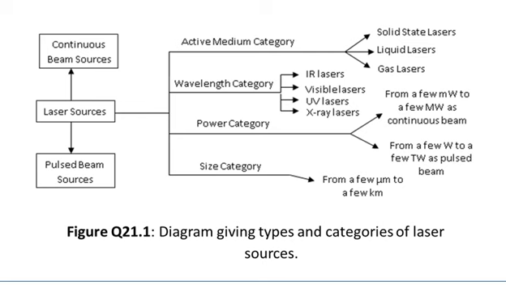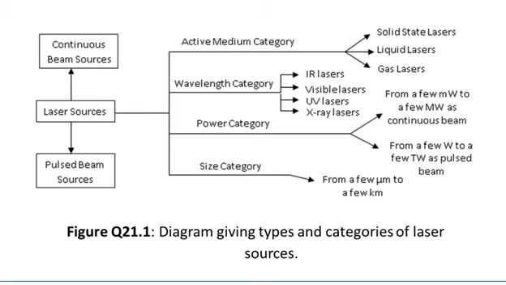With respect to the active medium category, we can have 3 types of active medium, that is the solid state lasers. For example, in solid state lasers we have crystals as the active medium. We have liquid lasers and then we have the gas lasers. So these are the 3 categories with respect to the active medium.